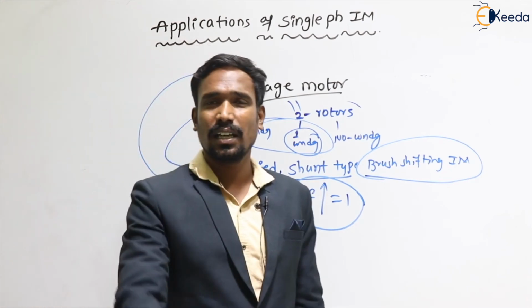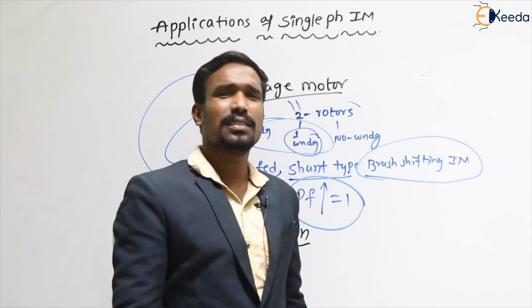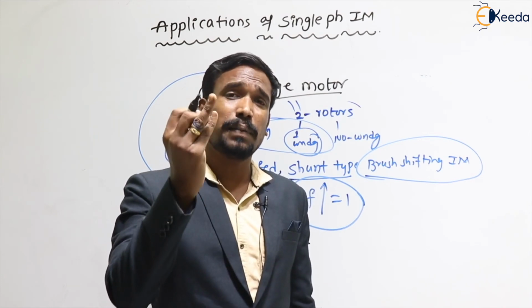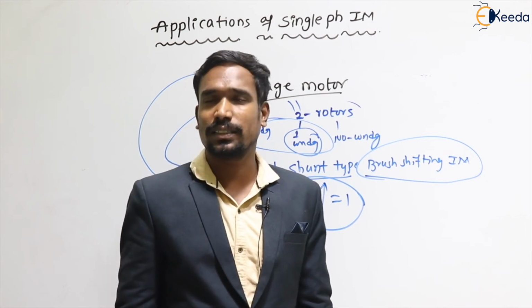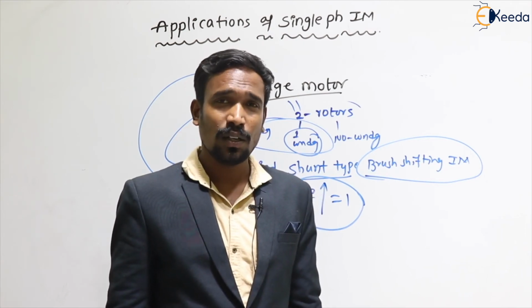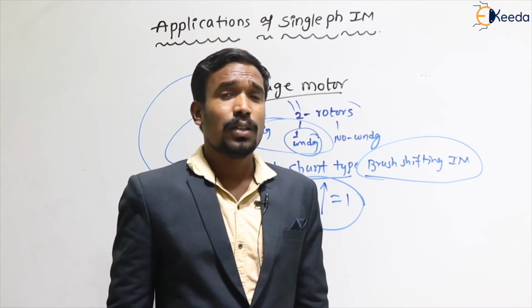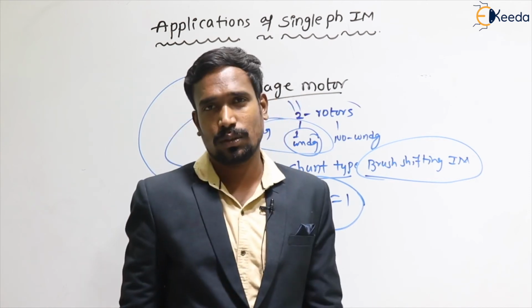This is simply the Schrage motor. Other than this, we have the reluctance motor we completed, but the repulsion motor is there. The hysteresis motor is there. The permanent magnet DC motor is there. You have to study the applications of those machines also.